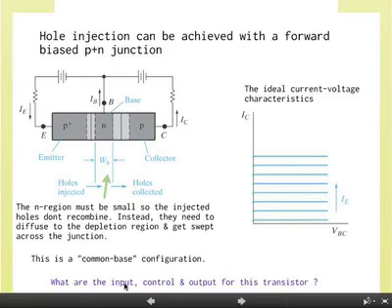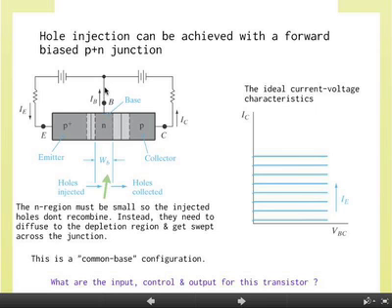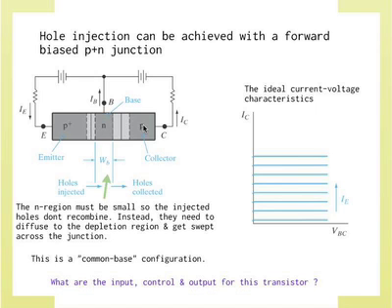Now, the key parts to keep in mind are the input, output, and control of such a bipolar junction transistor, which will depend on the configuration. So we have to be careful how it's used. In this case, it's a common base configuration, where the base terminal is common to the emitter and the collector circuits. The current that is controlling the amplification is the emitter current in this particular situation.